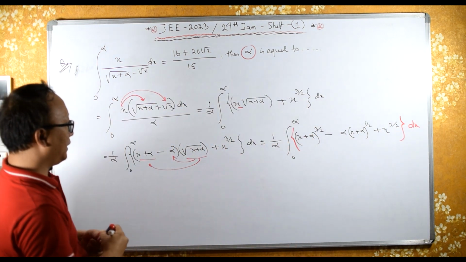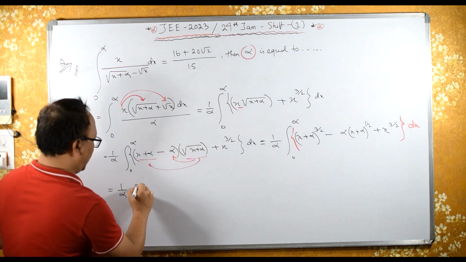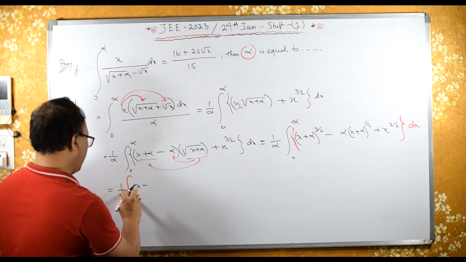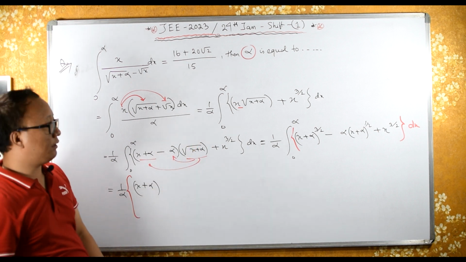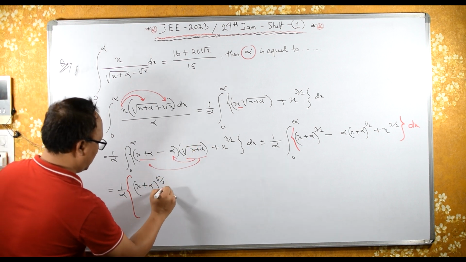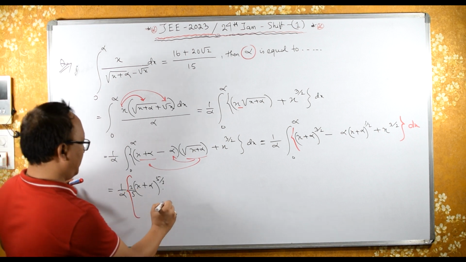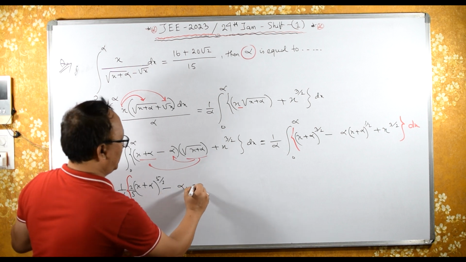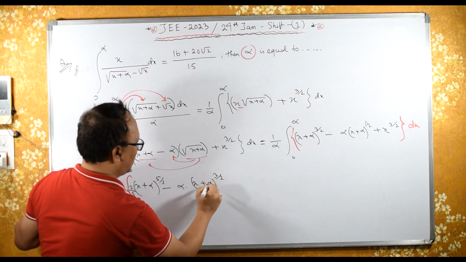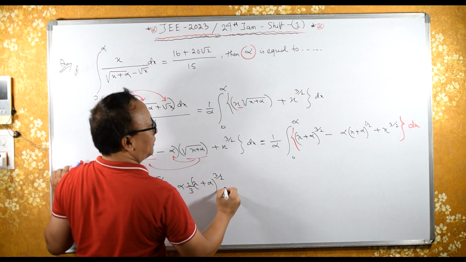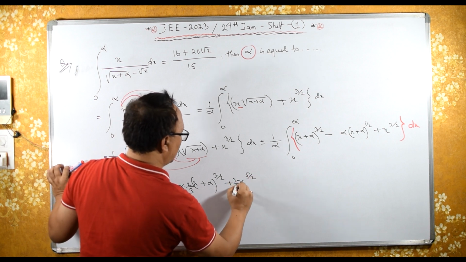Now let's integrate this. It equals 1 by alpha, integration of this is x plus alpha raised to 3 by 2 plus 1, which is 5 by 2, so it becomes 2 by 5, minus alpha times x plus alpha raised to half plus 1, which is 3 by 2, upon 2 by 3, plus x raised to 3 by 2 plus 1, which is 5 by 2, upon 2 by 5.